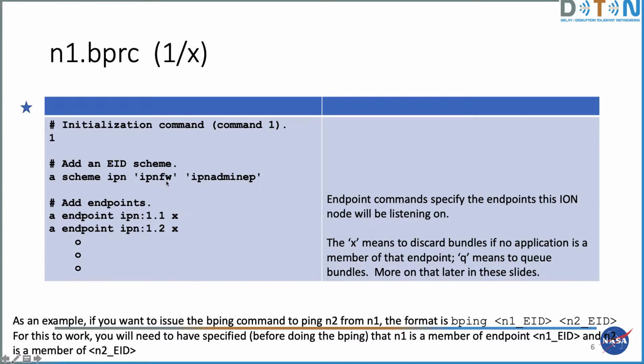The other schemes that are around: there's a DTN forwarder that Ion implements that uses the DTN naming scheme. The DTN naming scheme is one of the original naming schemes that came out of RFC 5050, and in particular the DTN2 implementation of bundle protocol.